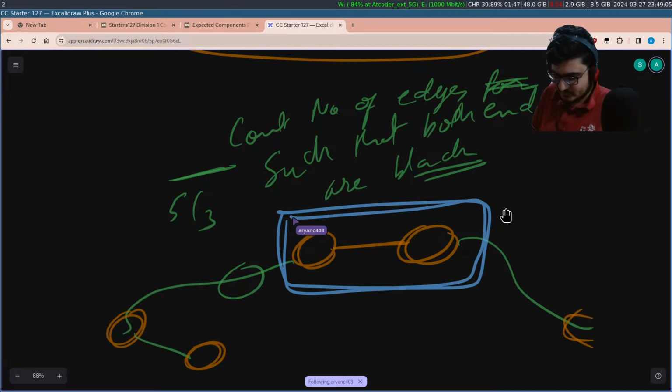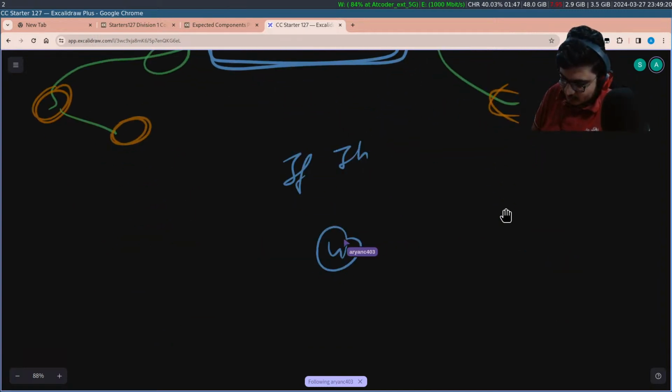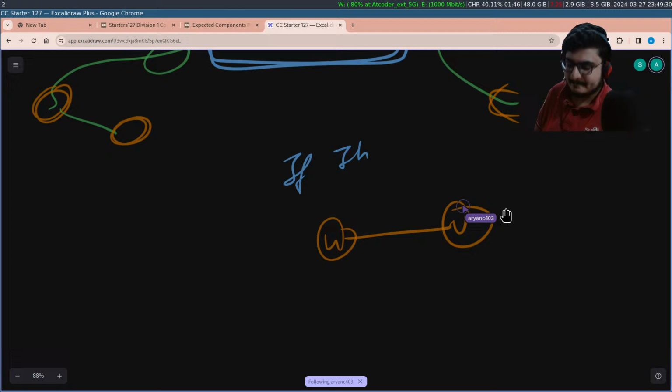So if I have to pick 3 nodes, then among all the other nodes, I have to pick only x minus 2 nodes here. So in that case, the number of sets over here would be 3C1. So basically, if there is some u and there is some v, the number of possible sets would be k C x.